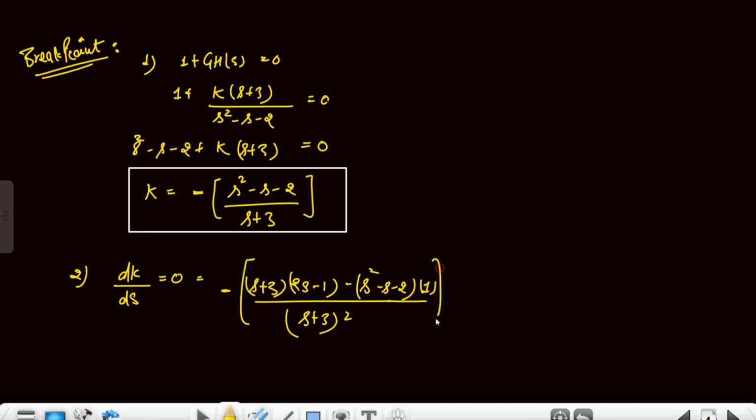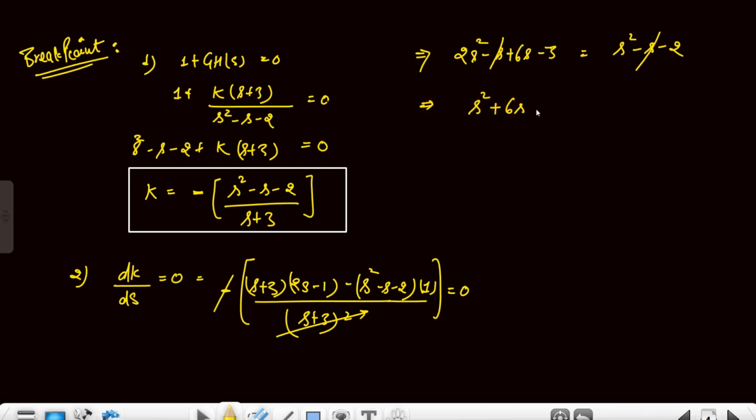Now when we equate it to 0, the denominator will vanish out and the negative sign has no meaning here, and we get 2s squared minus s plus 6s minus 3, and this term also shifts to the right hand side as s squared minus s minus 2. So this s will cancel out, and here we get s squared plus 6s minus 1 equal to 0.